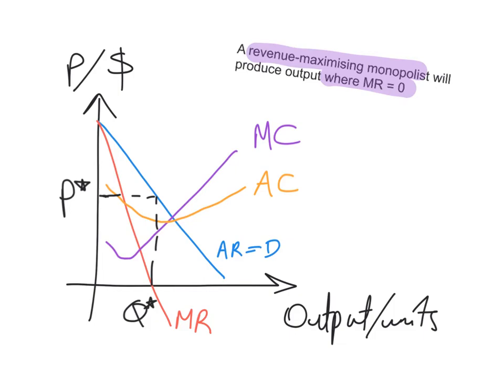Instead of producing where marginal revenue intersects marginal cost, a revenue maximizing monopolist will produce a level of output where marginal revenue intersects the horizontal axis. This will give you the output, and then you go up to the demand curve to give you the revenue maximizing price that this monopolist will charge.